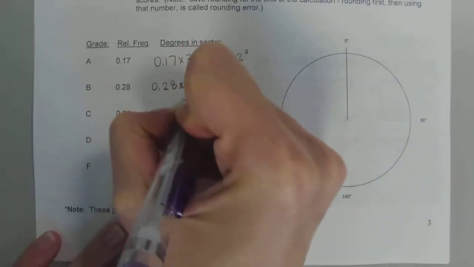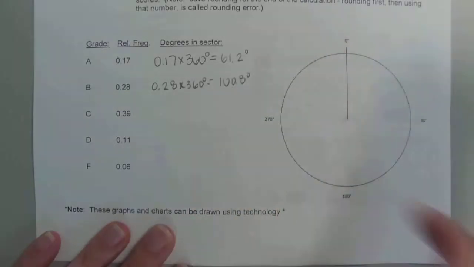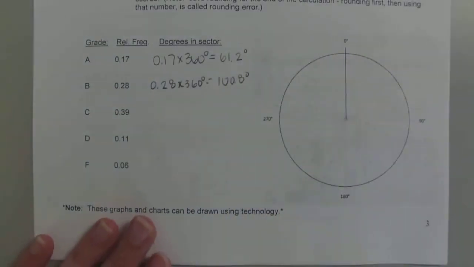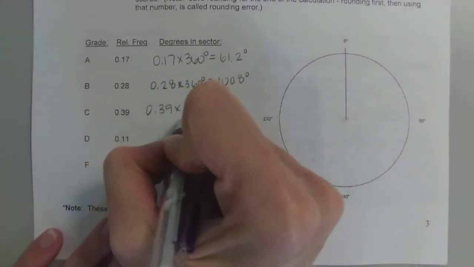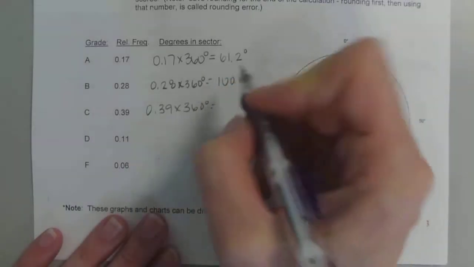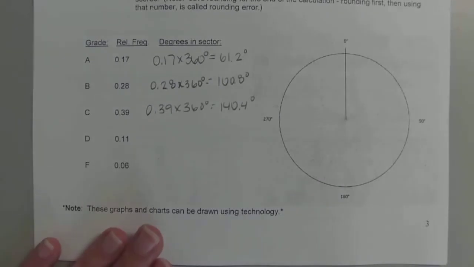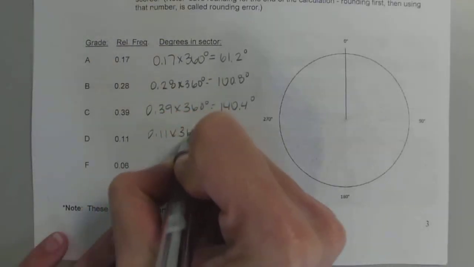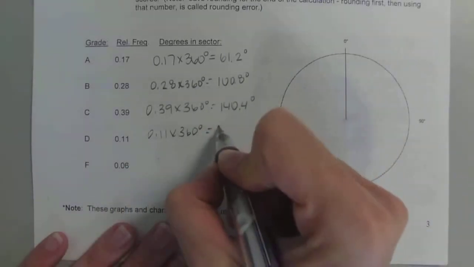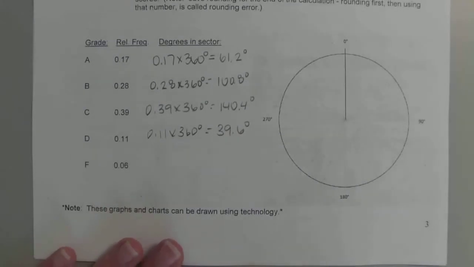28% of a circle is 100.8 degrees. 39% of a circle is 140.4 degrees. 11% of a circle is 39.6 degrees.